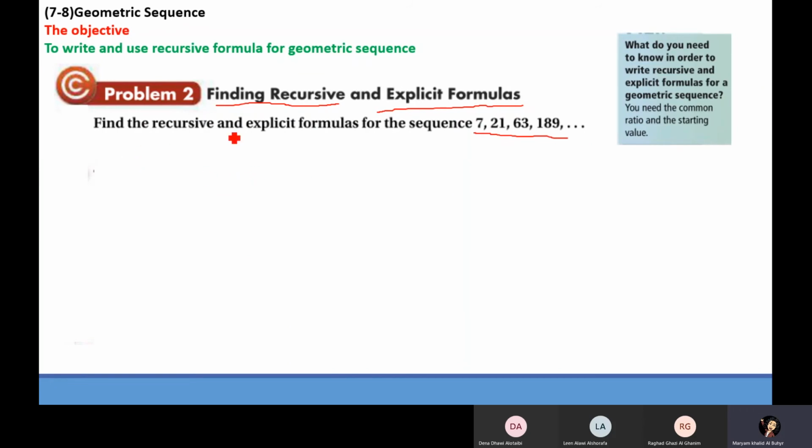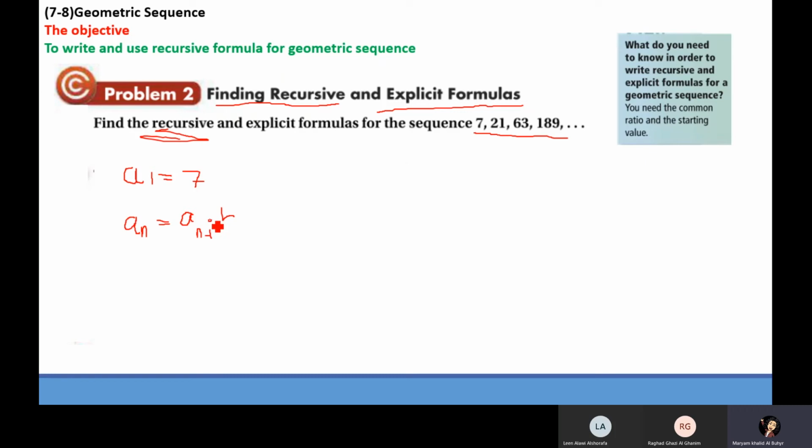For the recursive formula, we can write the first term, which is A1, with a small index, which is 7. Then you need to write AN, which is any term I need, the nth term. I did not specify any term, so the nth term equals A(N minus 1) times R.